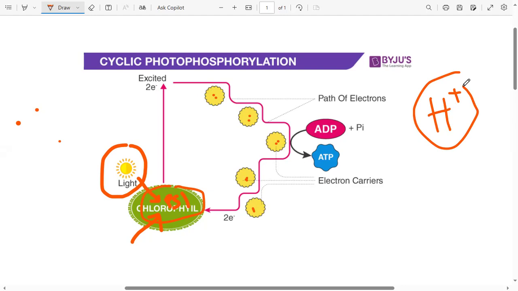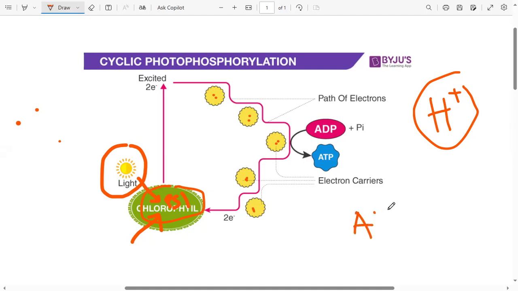Because of this proton gradient, the stroma of the chloroplast will try to push them back, and they will use what we call ATP synthase.